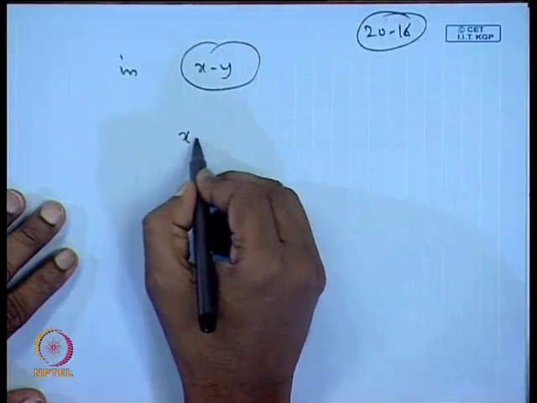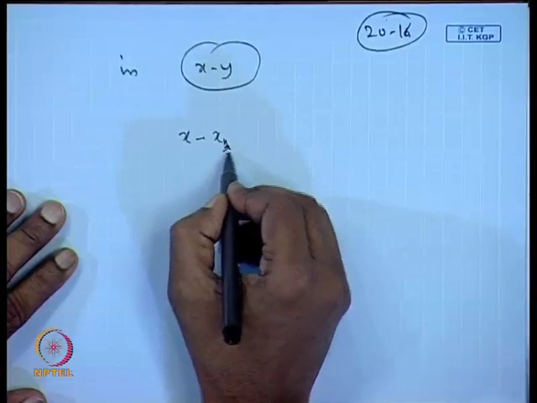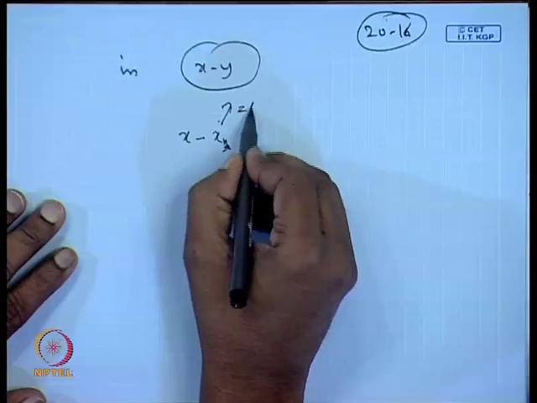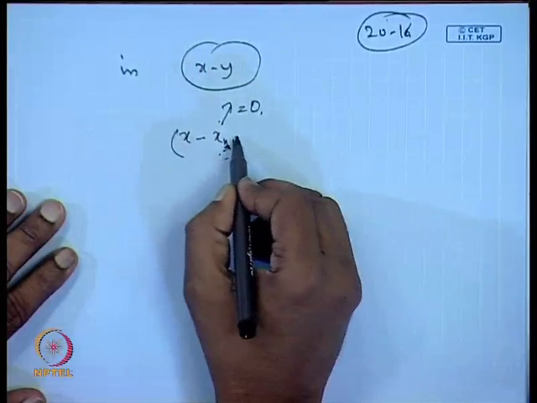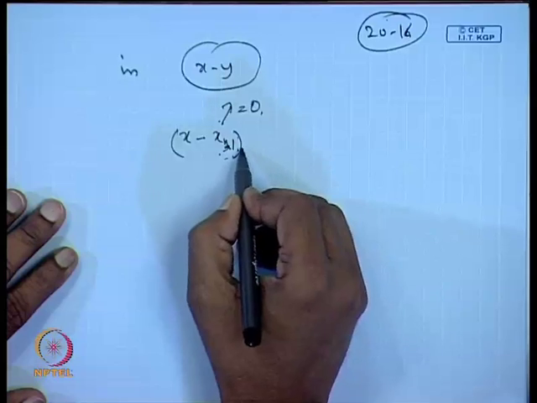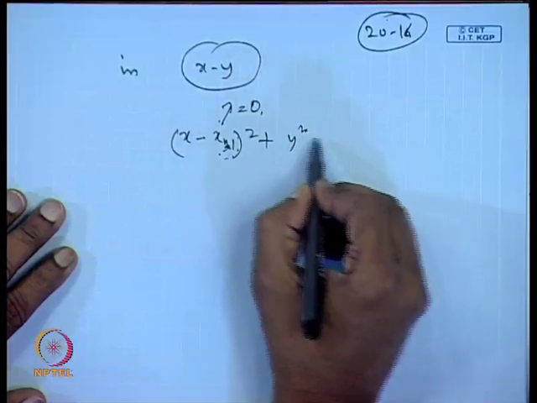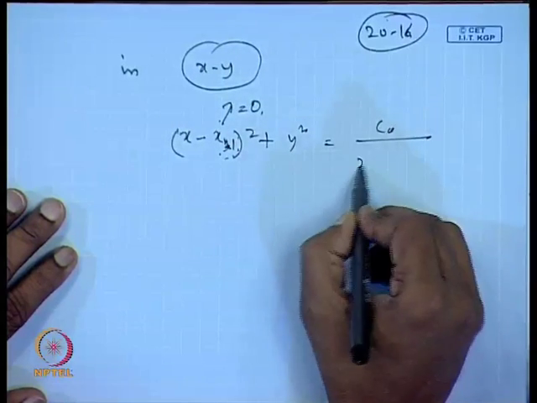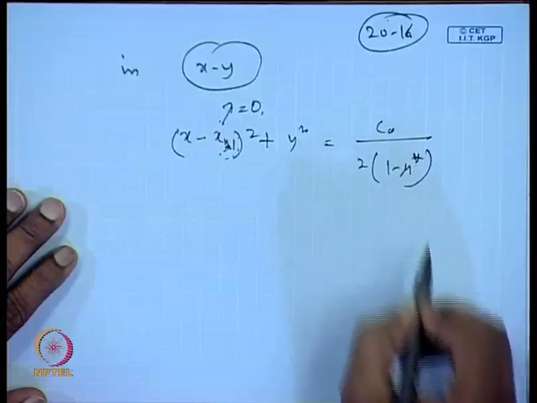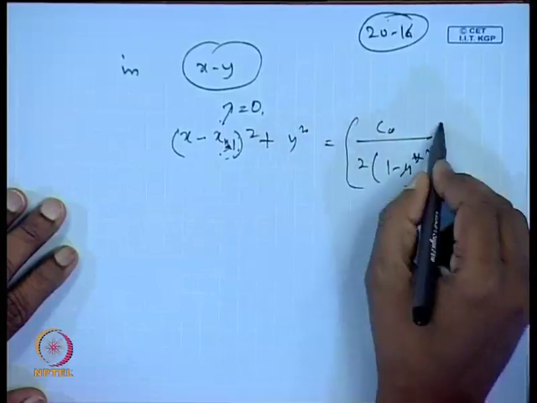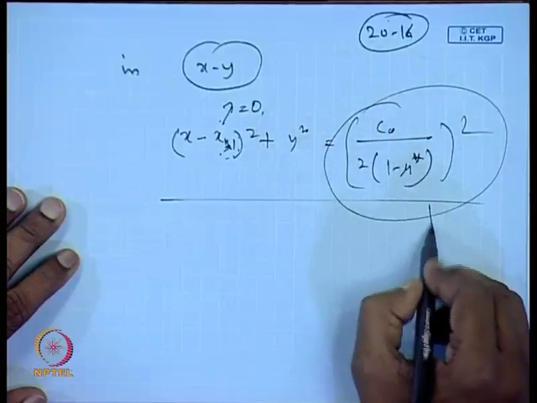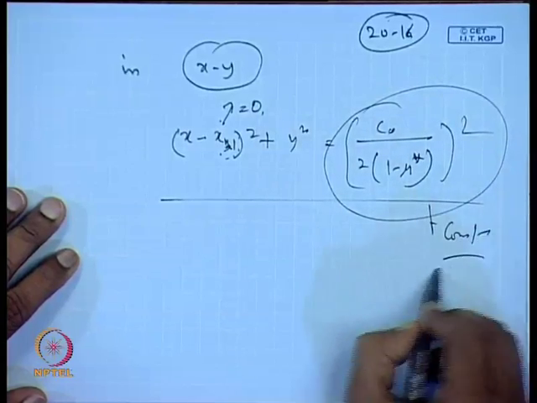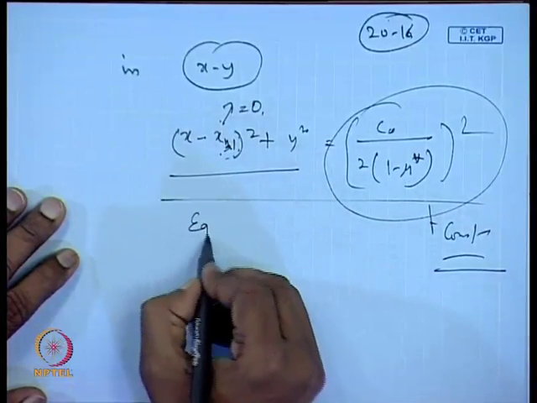So, what you get is x minus x b 1. So, x b 1 also in this case becomes equal to 0 because the barycenter almost is coinciding with the primary mass. So, this quantity square plus y square becomes C 0 by 2 times 1 minus mu star whole square. Okay, so, again the right hand side is a constant. Therefore, this becomes also the equation of a circle.